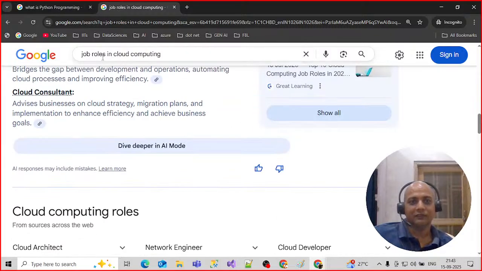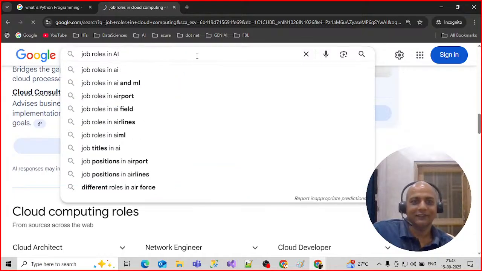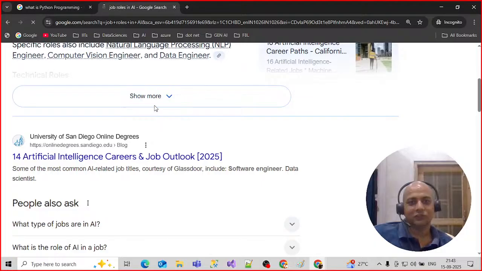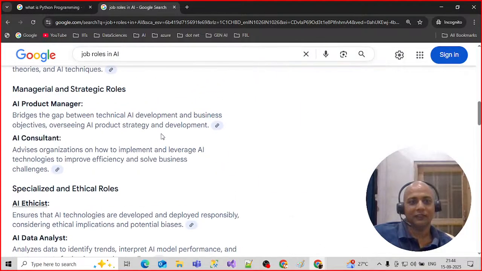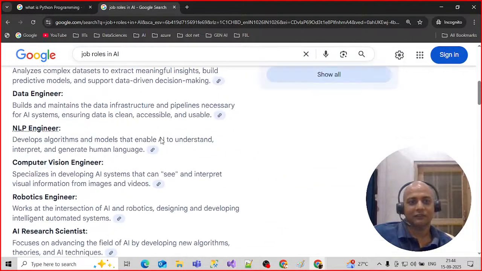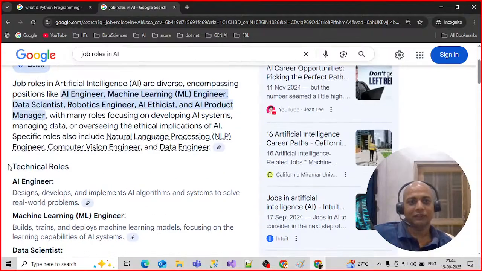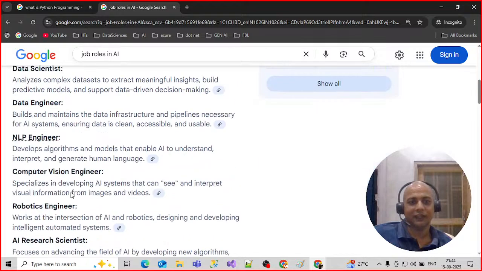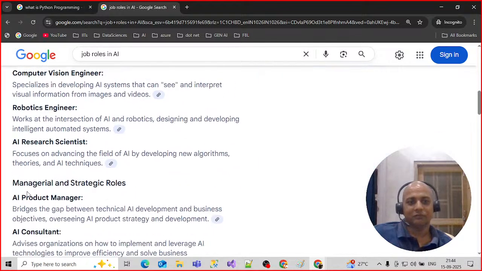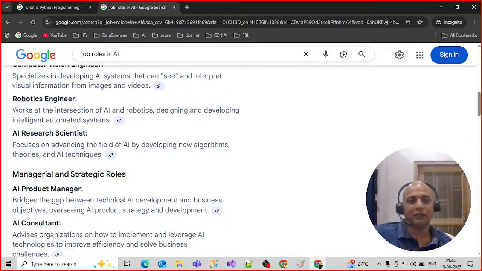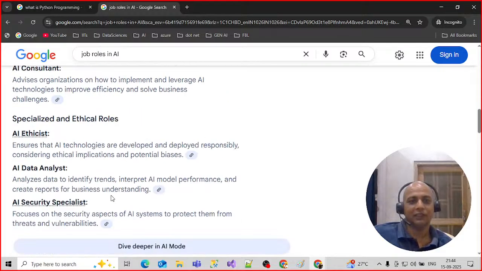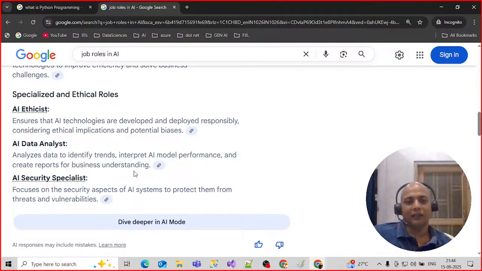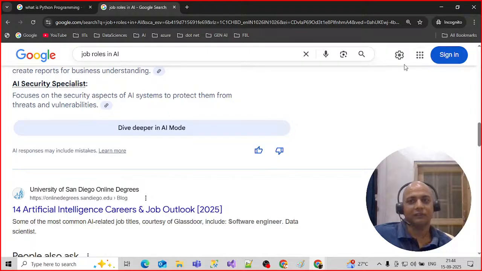Like you can search job roles in AI. So many job roles are available: AI engineer, machine learning engineer, data scientist, NLP engineer. So depending upon the expertise of the person, which area you target and work for, that is the important thing.